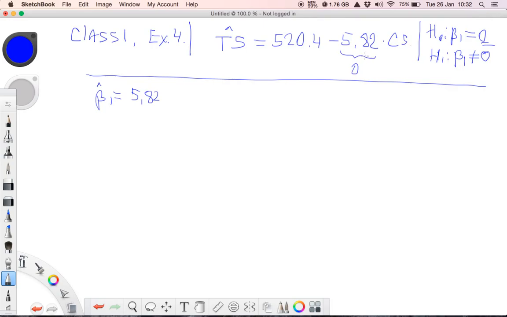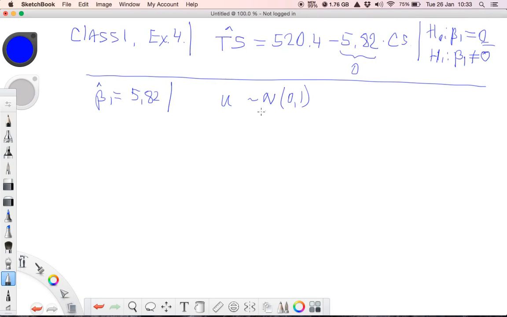For hypothesis testing, we need a little bit of a strong assumption. If you remember, we said that the errors are distributed normally with mean 0 and variance 1.